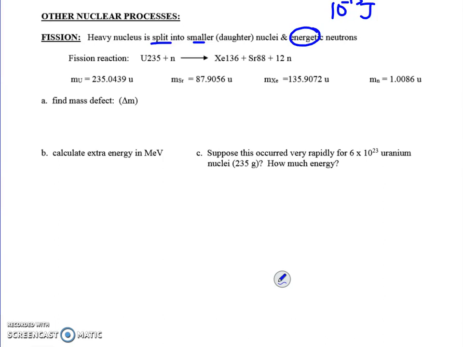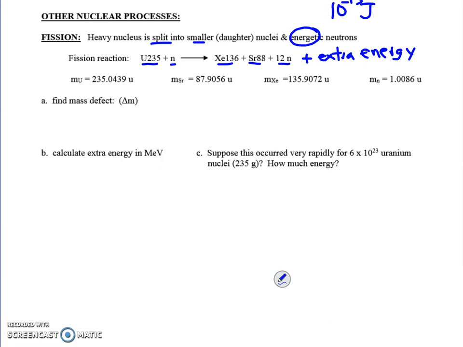What's literally happening is if I take a heavy isotope, uranium-235, and I send a little bullet at it, if you will, that bullet is a neutron. It'll cause this split into two smaller nuclei, you don't have to know what they are, and a bunch of other neutrons. What is critical about this, what makes it so important, is not only do I get these products, I get extra energy. Energy is released in this process, and we want to understand how much energy is released.